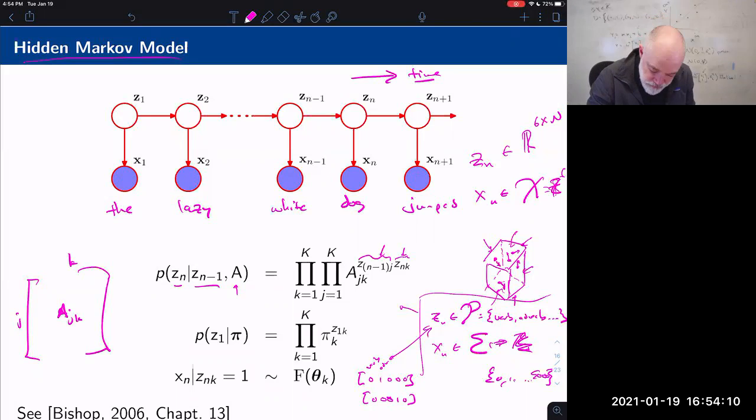And if these are 0, 1 vectors, then the probability that this is basically just going to index into the matrix A. Okay.